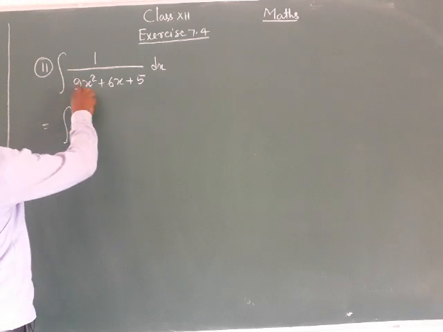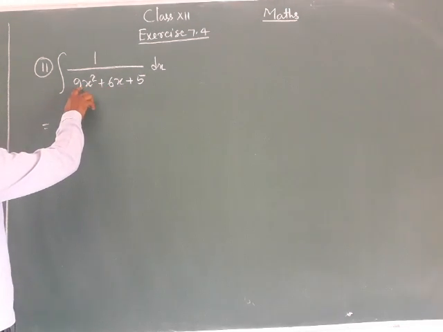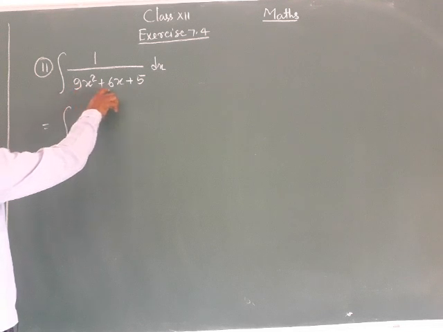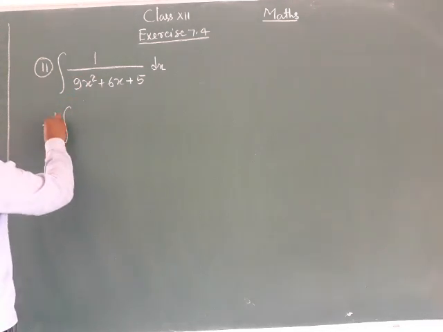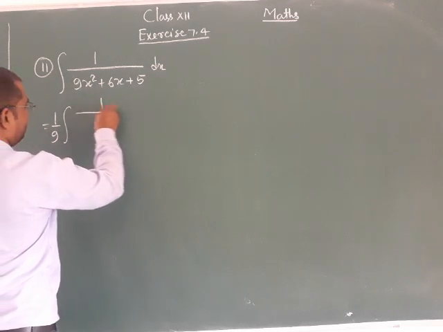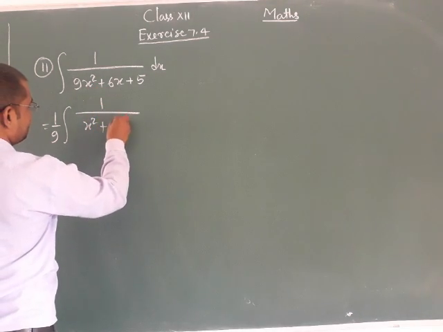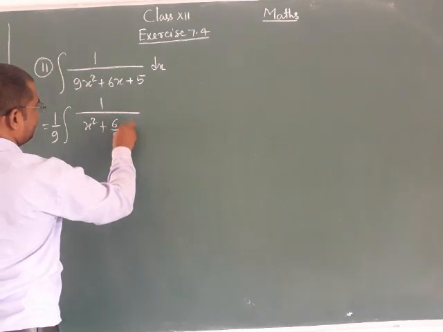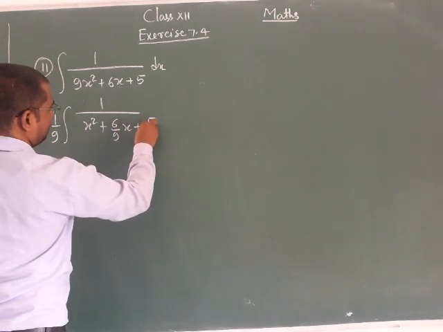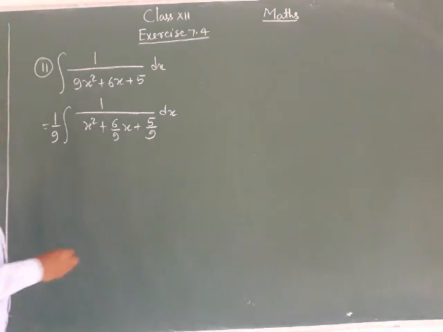Integration of 9, starting by taking 9 common out of this denominator, so 1 upon 9, 1 upon x square plus 6 upon 9x plus 5 upon 9 dx.